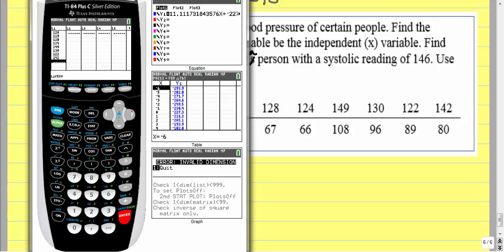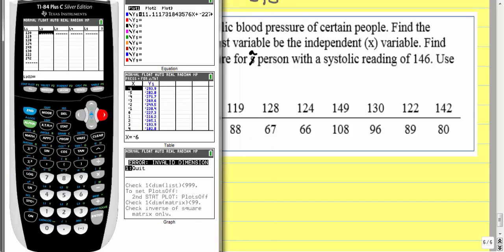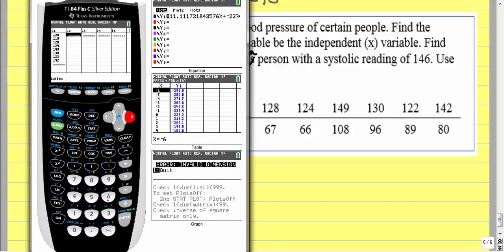Okay, now we want the corresponding y values, so we have to keep our ordering. So 61, 88, 67, 66, 108, 96, 89, and 80.